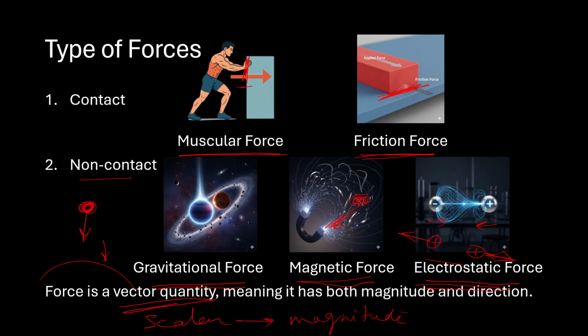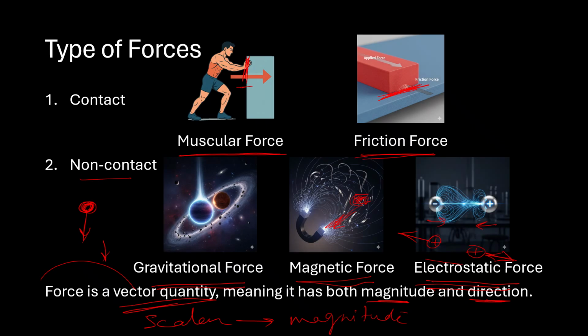We don't need to measure direction or anything else. Once we measure magnitude, that is sufficient for a scalar quantity. For a vector quantity, we need to measure both magnitude as well as direction, right? So here we say that force is measured as a vector quantity.